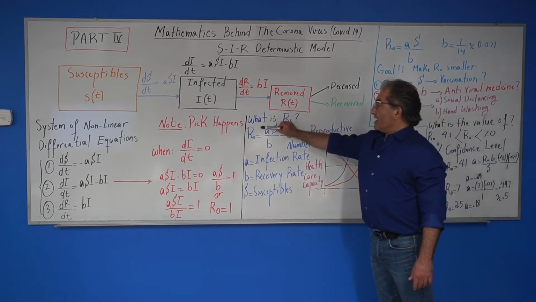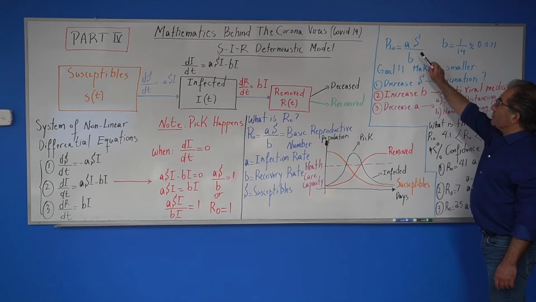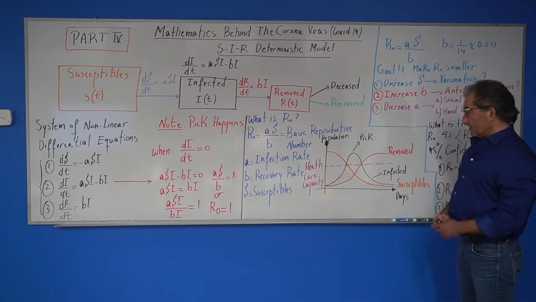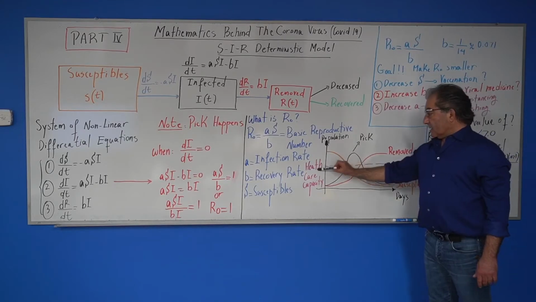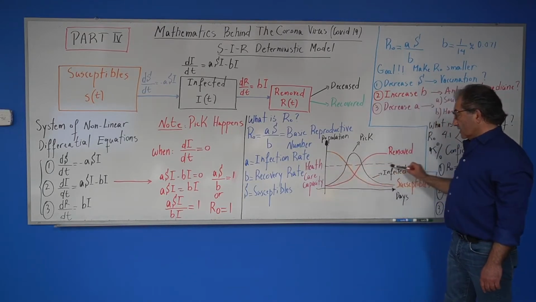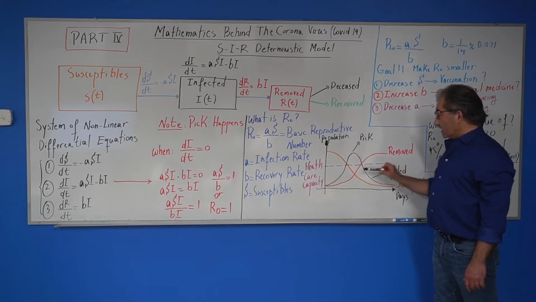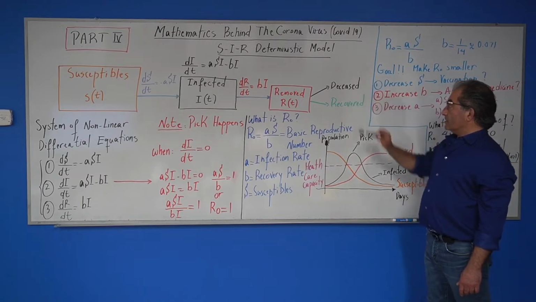So we have this fraction, and our goal is to keep that fraction low. Why keep that fraction low? Because if more people are infected and the healthcare capacity is this line, then there is overflow. Hospitals will not be able to handle all the sick people, so we're going to have more deceased people.